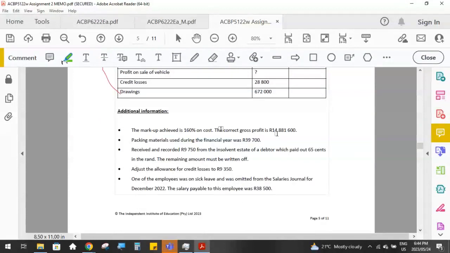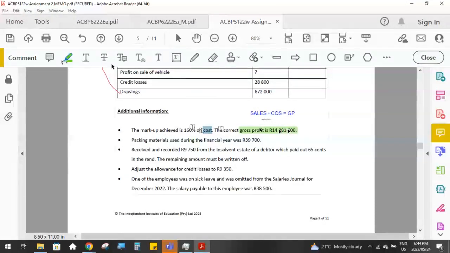The figure that they gave us was the gross profit. So how do we calculate gross profit? Sales minus cost of sales equals gross profit. So they have given us the answer to sales minus cost of sales, which is the 14,881,600.